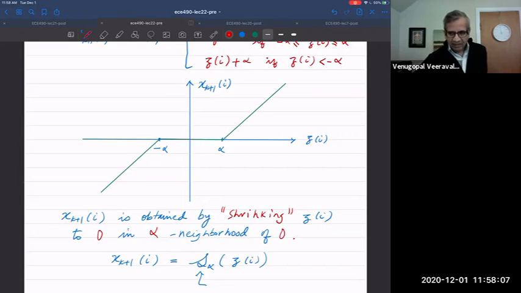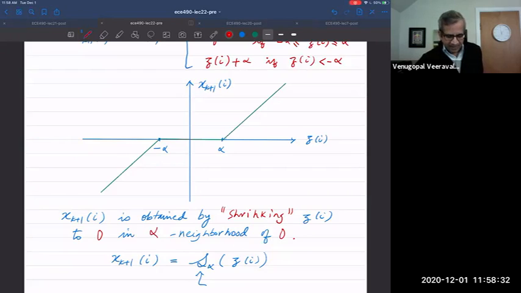This kind of shrinkage operation actually appears a lot in many modern signal processing applications, where if a value falls below a certain threshold, in this case the absolute value falls below a certain threshold, then you just zero it out.